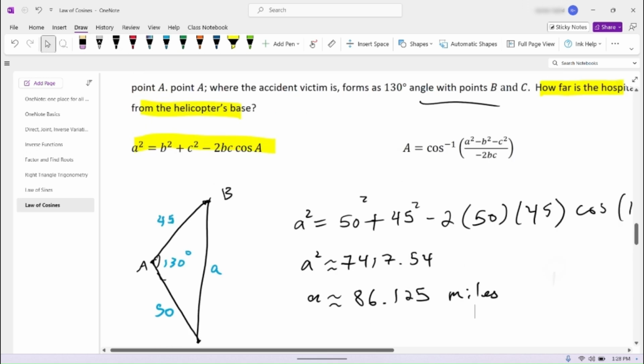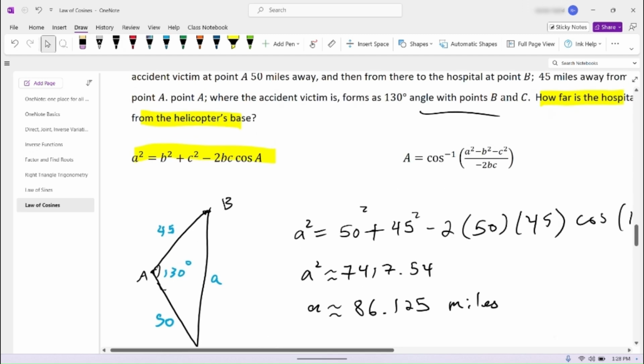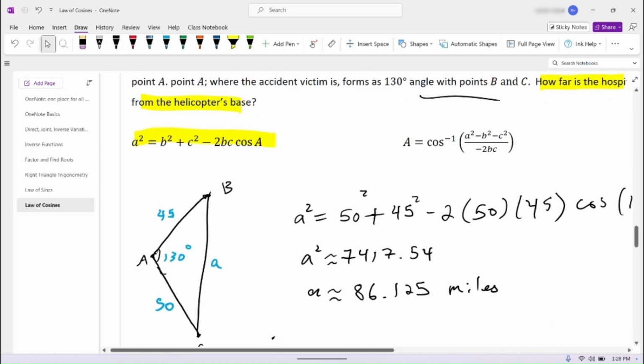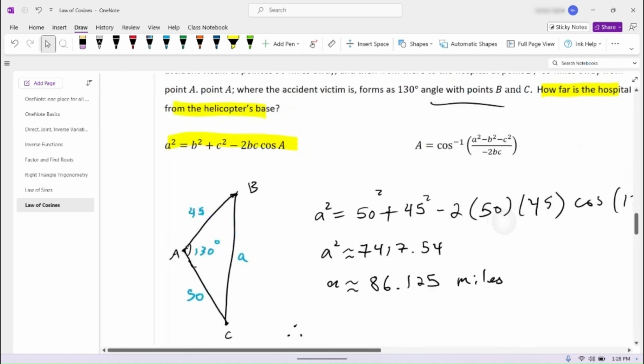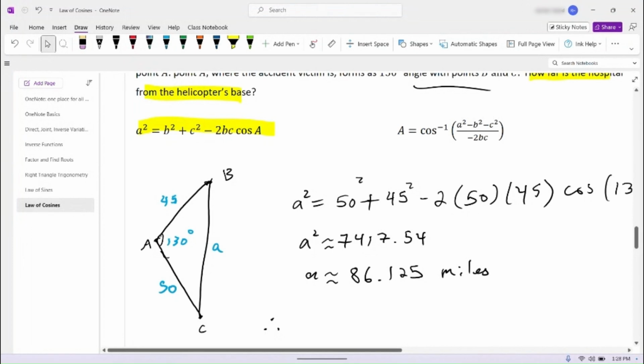So then we can come down here. Therefore, let's make a conclusion. The hospital is 86.125 miles away from the helicopter's base.